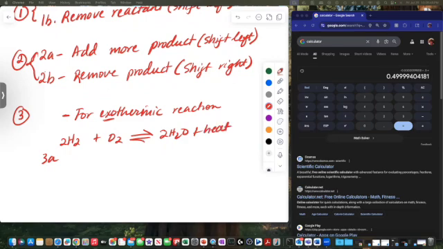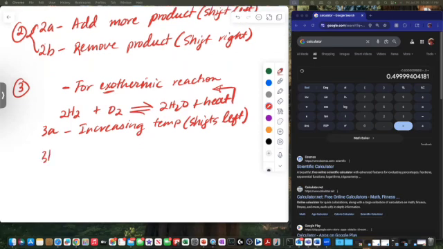So for that scenario there, increasing temperature, treat the heat like it was a chemical. So when you're increasing the temperature, reaction shifts away from the increase, shifts to the left, right? Because you're increasing this side, so it has to shift in that direction.